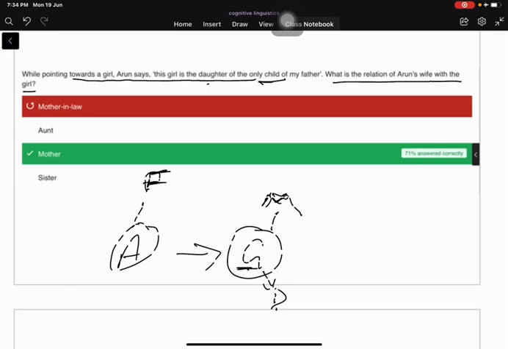The girl is the daughter of the only child of my father. So this is the father who only has one child. So it is Arun himself, right? Now, what is Arun's wife's relation with the girl?